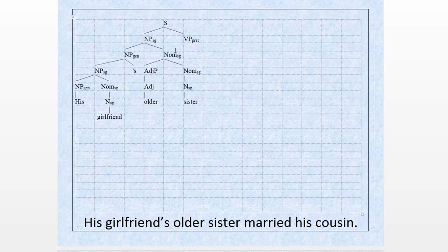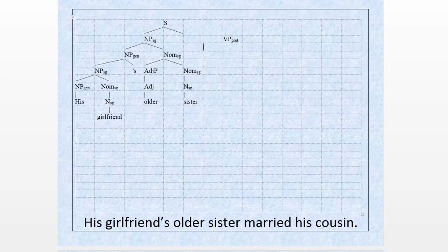So we've got the subject done now. Now we can do the predicate, married his cousin. Again, we don't quite have enough room here to draw it in, so we'll move it over to here, and then we can draw in the line that we need.